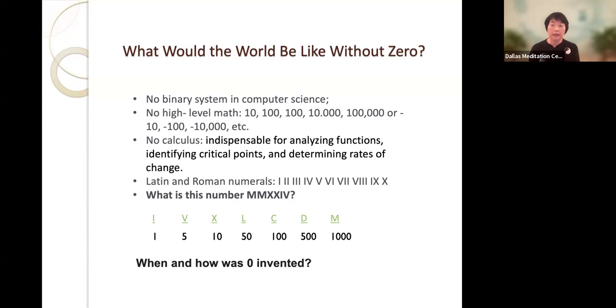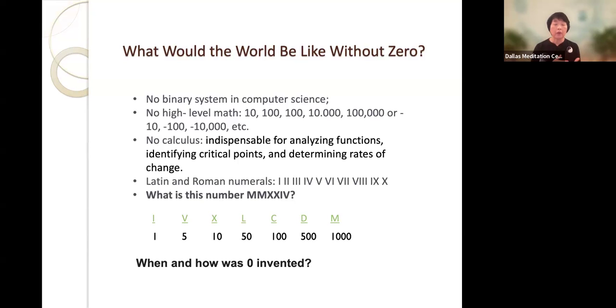And many years ago, I happened to come across a book called Finding 0. It made me think about the importance of 0 and how it's related to Zen Buddhism.